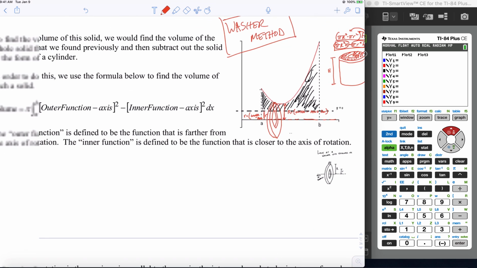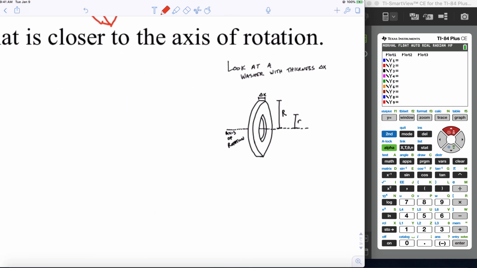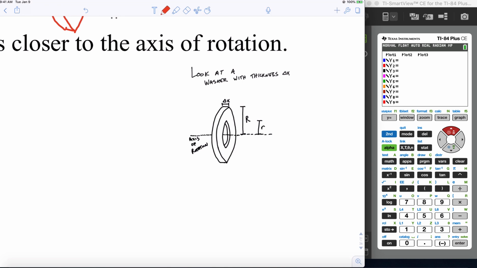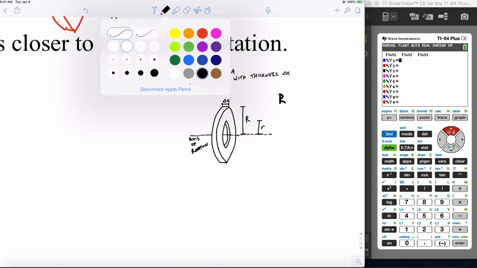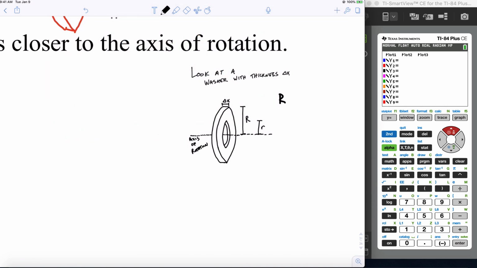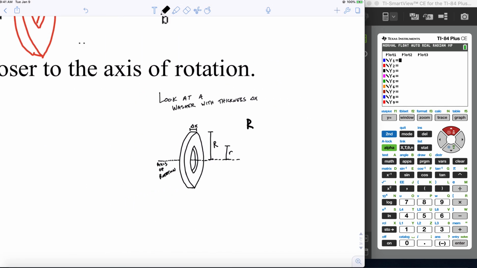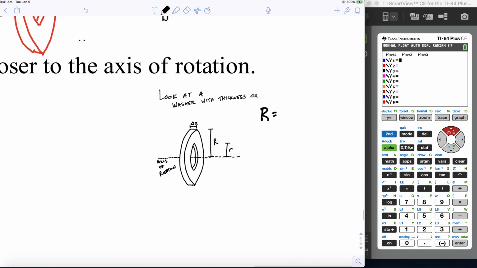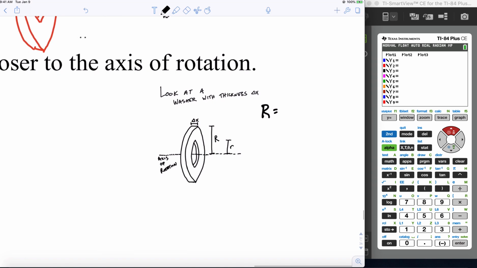Okay? So essentially, I kind of drew this over here, and capital R is going to be the outer. That's our big radius of our big washer. It's not going to be the top. We're going to use the language outer for this. It's going to be the furthest away from the axis of rotation.